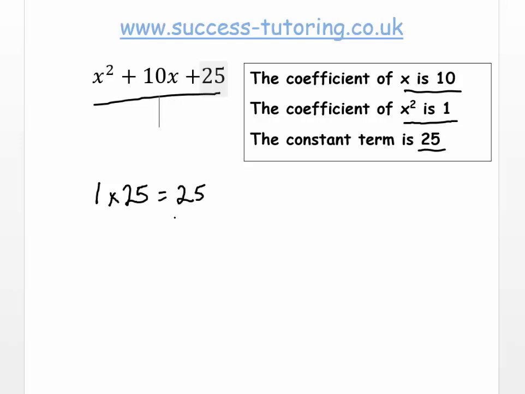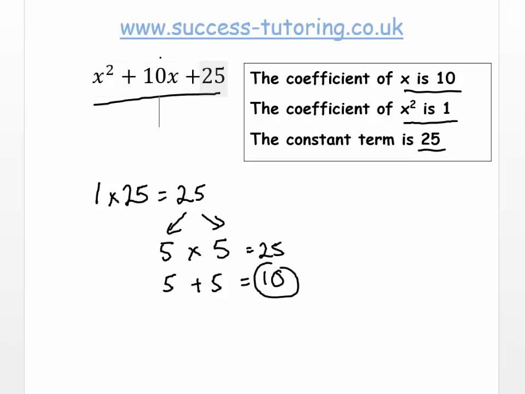Two factors of 25: 5 times 5, so it's 25. 5 plus 5 will give me 10. 10 is identical to the coefficient of x, so we have our values that we're looking for. We can simply place those into brackets.